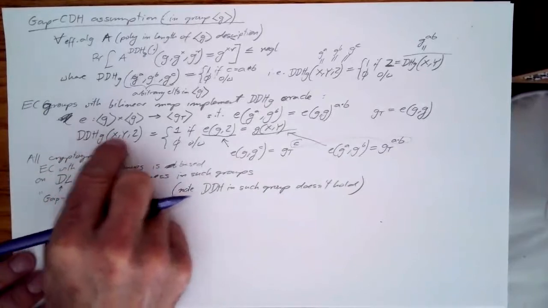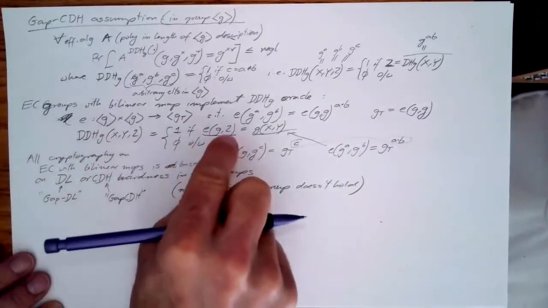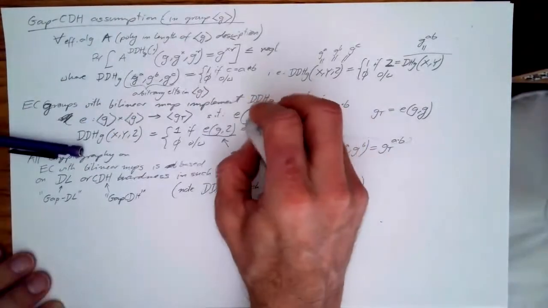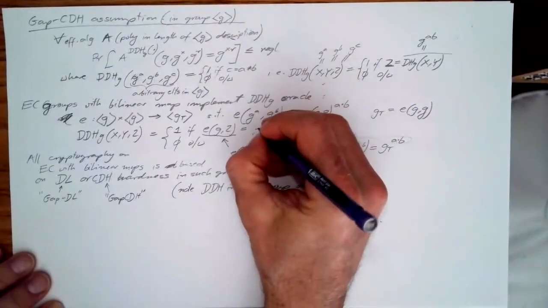It's able to tell the Diffie-Hellman tuple efficiently. Sorry, this is a typo. It is not a g, but a bilinear map e.